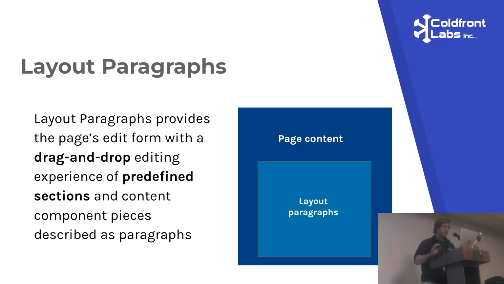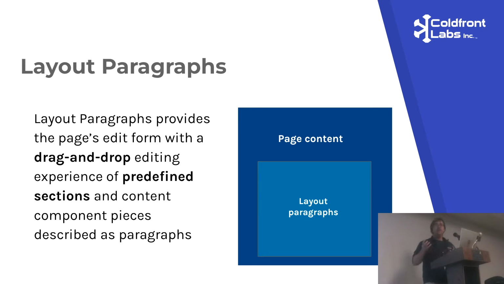Okay, so layout paragraphs is a way to take a section of your page, and instead of it being one column of paragraphs, you can predefine other selection points that you want to exist in that area. So you can have a two column layout section in there, and then you have access to put paragraphs in either of those two sections, not just restricted to the one column.